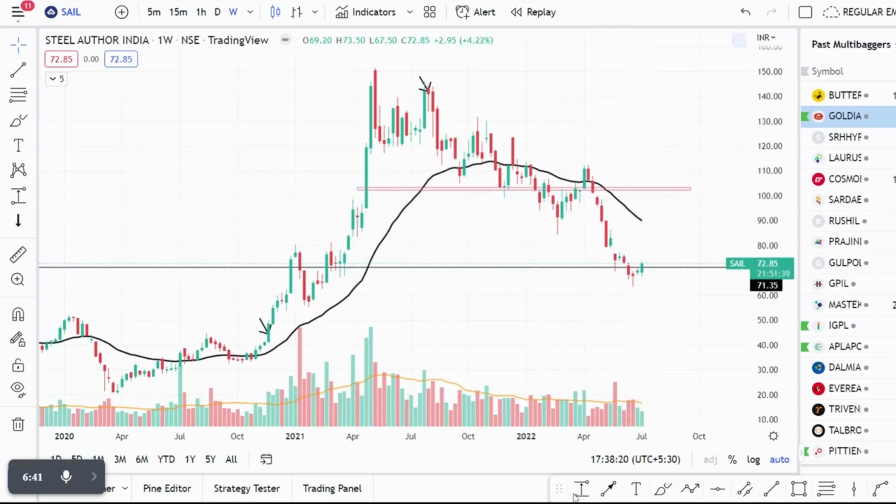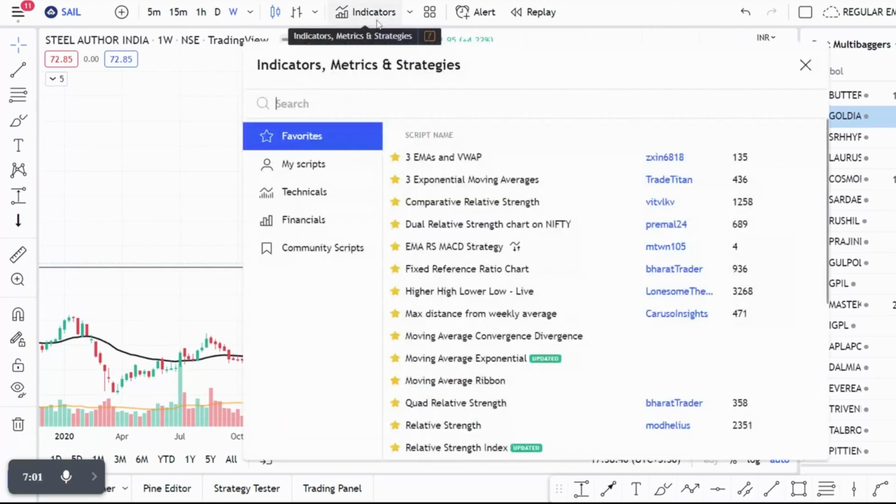The final method that you can use for following a trend in a particular script is using a relative strength line, where the stocks that are continuously outperforming will be in green color, and the stocks that are underperforming will be shown in red color. So let us apply it in the chart, where we apply the relative strength line by Bharat Trader.